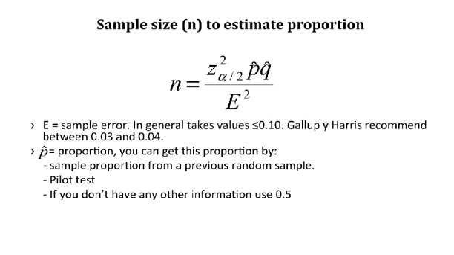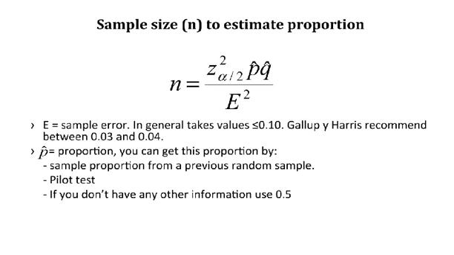So we have the sample error again. You fix those values. In general, you fix the error to less than 0.10. Some recommendations are between 0.03 and 0.04. Of course, if you want less error, you would increase the sample size.